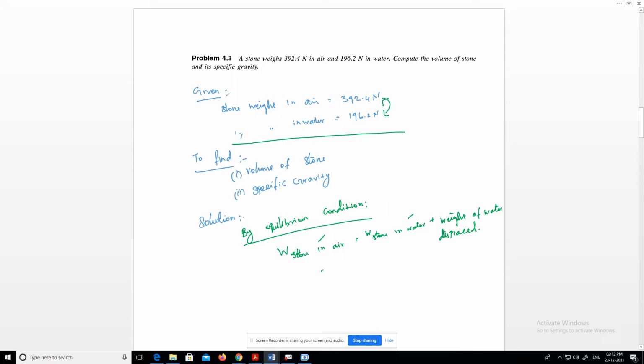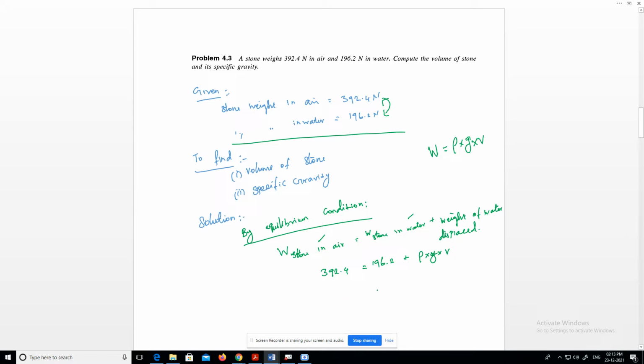Now these two things are given. Now substitute here: 392.4 is equal to 196.2 plus rho g V. The weight of water is equal to density, gravity into volume, that is called the weight of water.